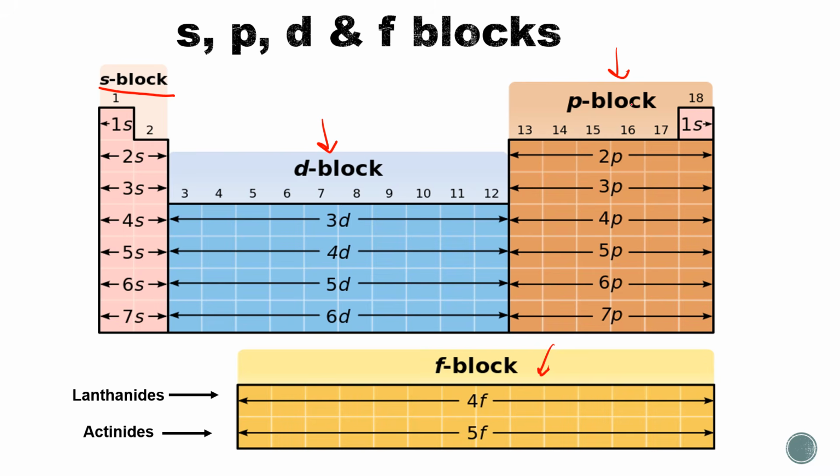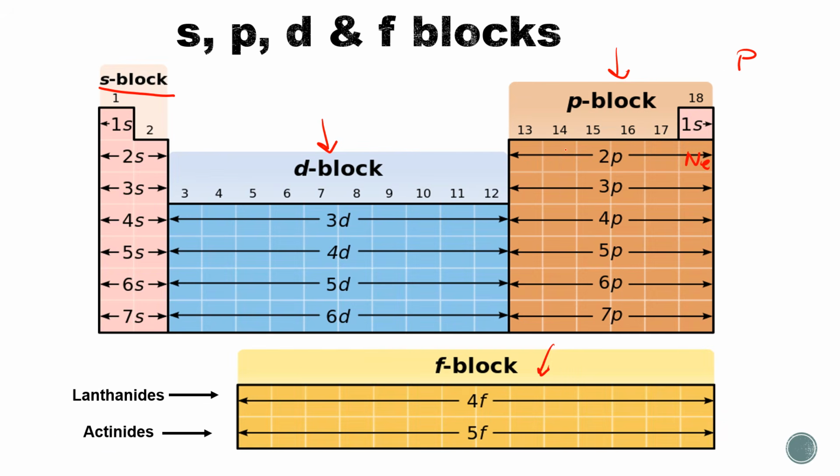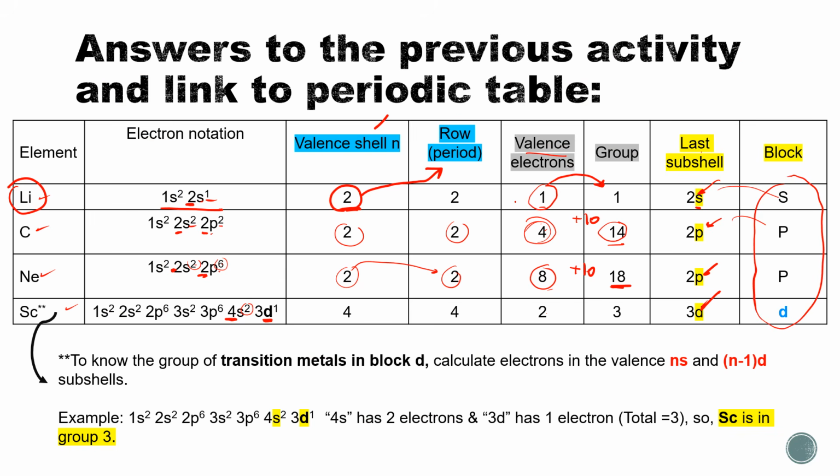We mean that the electron notation for all the elements in the P block will end with P. So here's neon, here's carbon. And if we look, you will see that neon and carbon have P at the end.